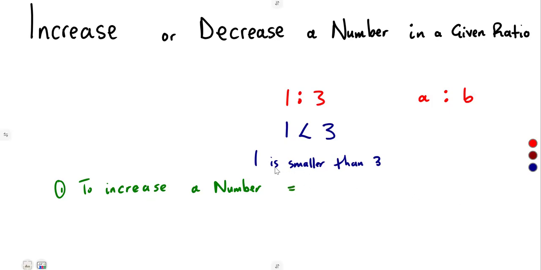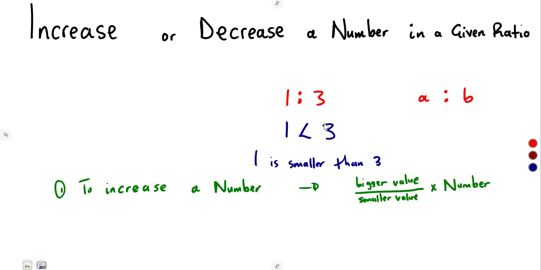That is why I was talking about comparison there. So in this case, it's going to be the bigger value of the ratio over the smaller value times the number that you are to increase.